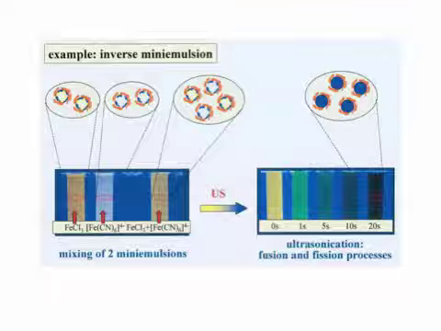Why does it look a little bit milky? Any idea? Why does this vial look a bit milky? Why is it not completely transparent? Who's got a view on that? So water droplets dispersed in oil. Why is the vial not transparent?